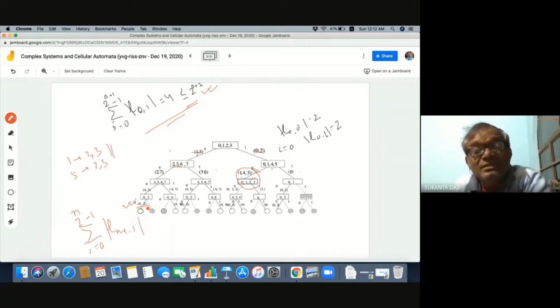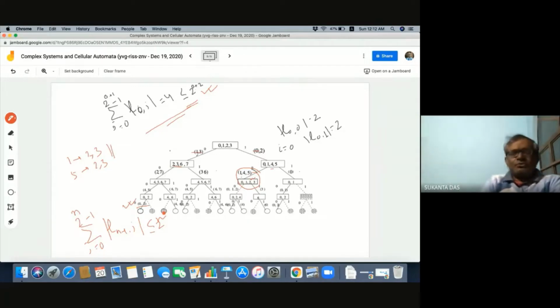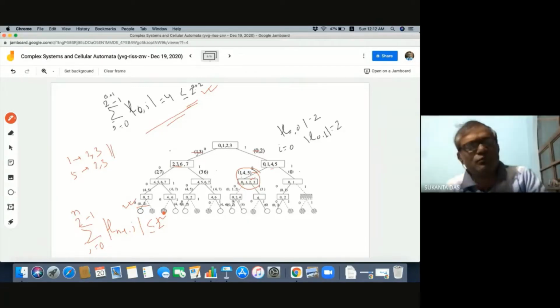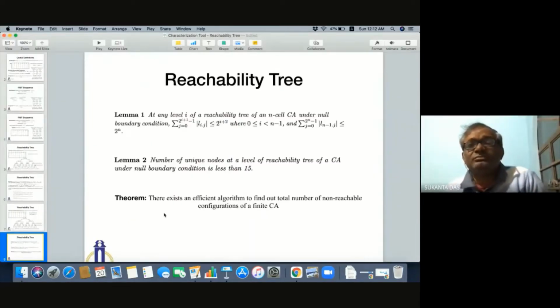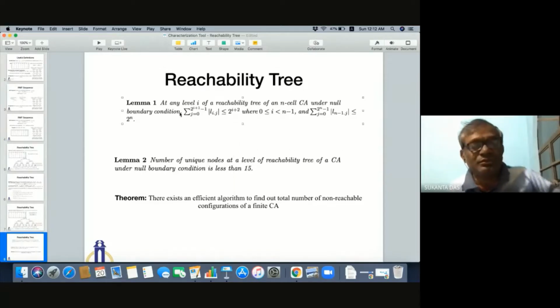But since there is the null boundary condition, half of the RMTs are struck out because odd RMTs don't come. So it is less than 2 to the power n. This intuitive idea is an informal proof, and we can prove it by using induction. So this is about lemma 1.